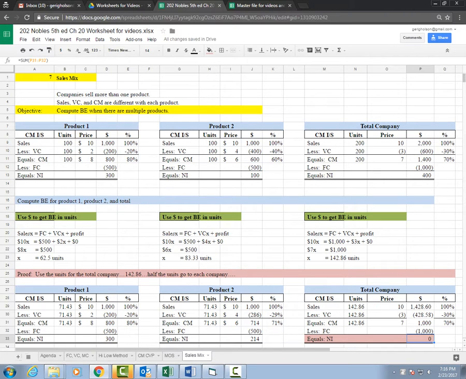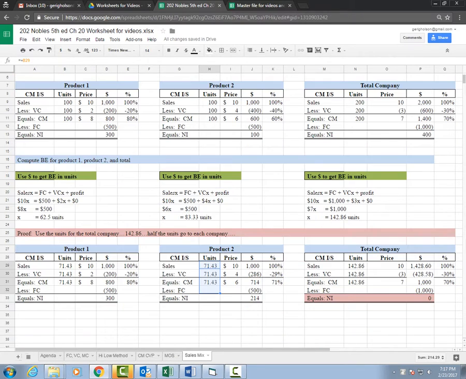Because I made the units the same for both product 1 and product 2, I've got 200 total units, so 50% of them are from product 1, 50% of them are from product 2. So if I take 142 and divide it in half, I'm going to sell 71.43 units of product 1 and the same amount of product 2.